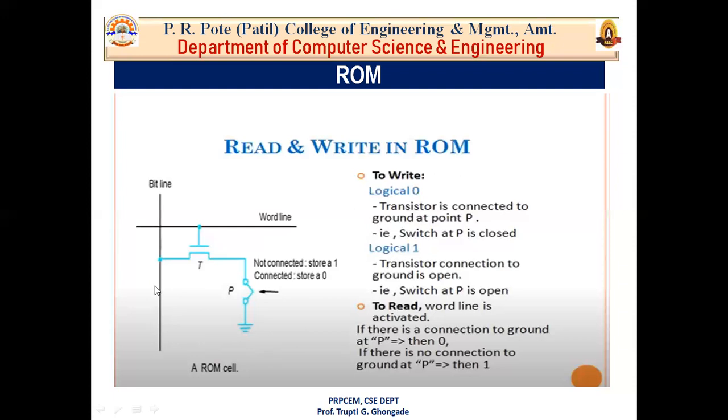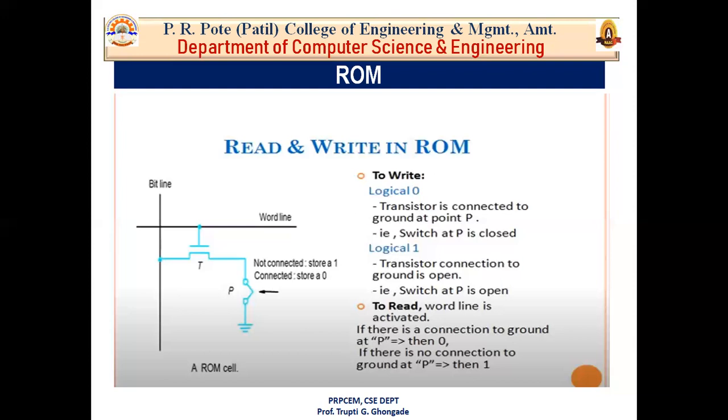And if there is no connection between the transistor and the ground, then the bit line will read value 1.